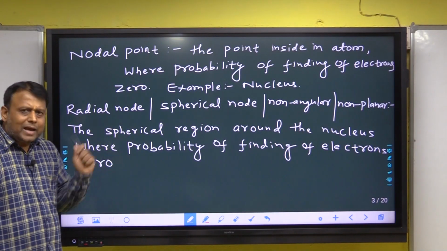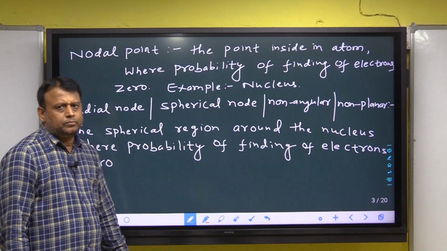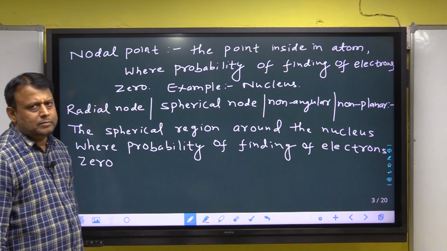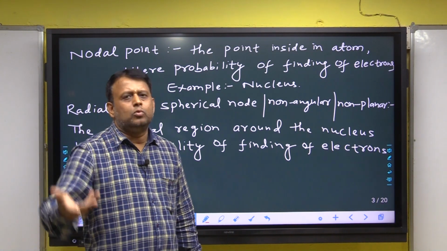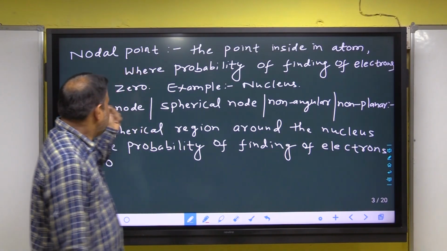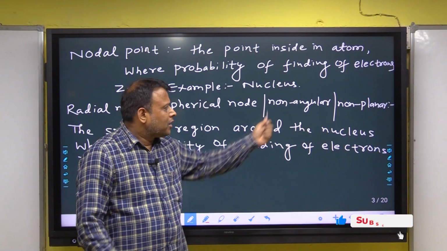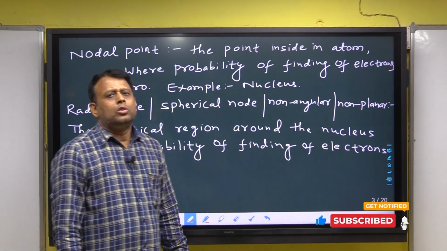Next, second is the radial node, or spherical node. The two most popular names are radial and spherical. The third type is the angular node, or planar node, and hence the radial node is not angular, called non-angular, and not planar, also called non-planar.